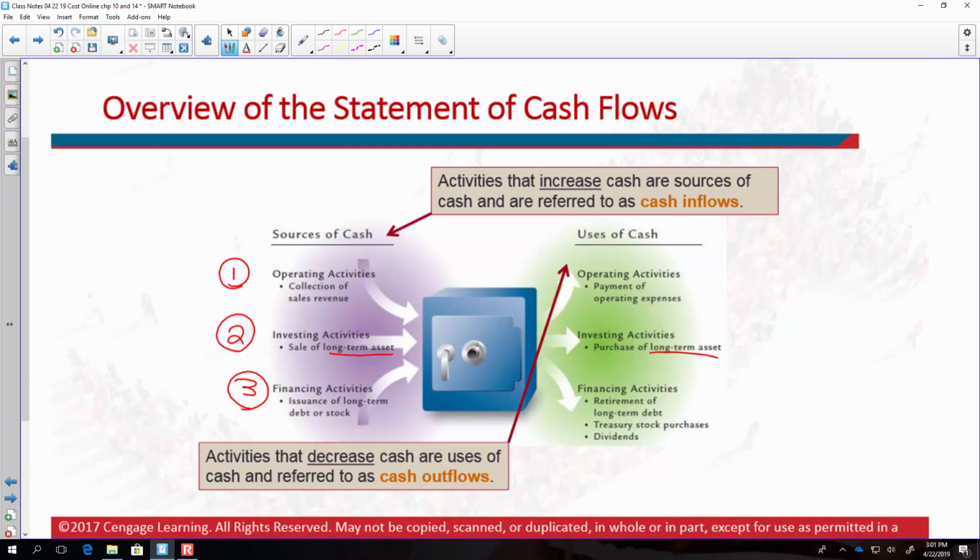Sale and purchase of long-term assets. And then the financing section is the debt or stock issuance versus the retirement. And we have a little bit here of dividends that are in the finance section going out, right? Uses of cash. So the rest is all in the operating section.